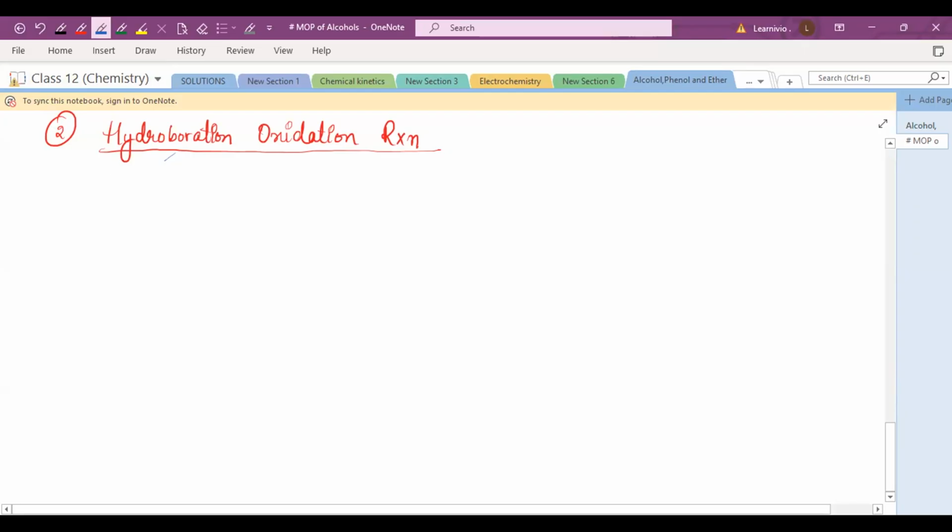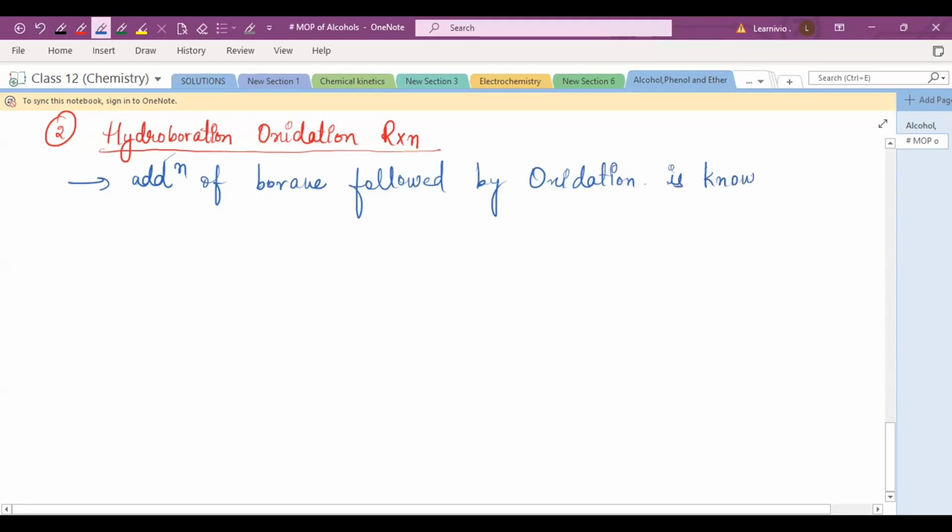Basically, let's see. So hydroboration oxidation reaction is basically the addition of borane in the first step, followed by oxidation in the second step, known as hydroboration oxidation reaction.